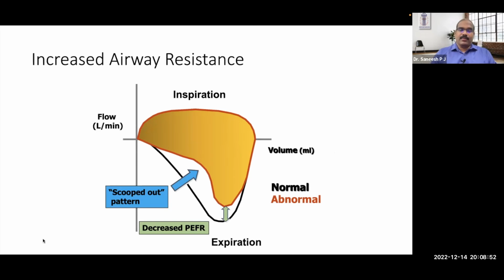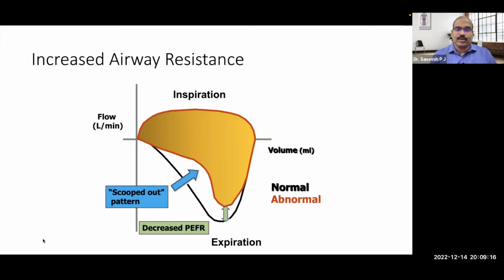Now, once you see a shape like this, of course, we have a normal curve to compare for teaching purposes, but in a real life scenario, you may not get this baseline value. Here, what we can see is a scooped out pattern in the expiratory curve.